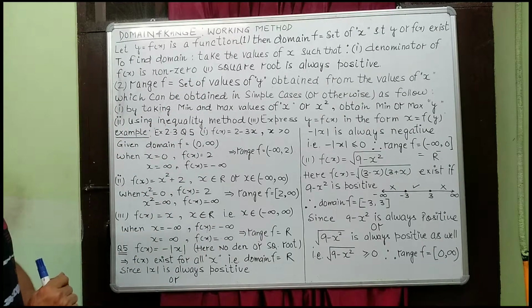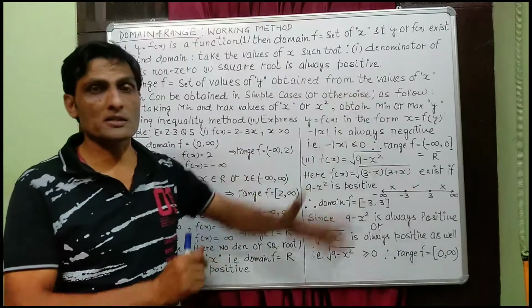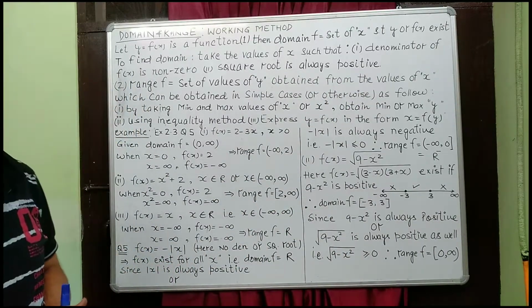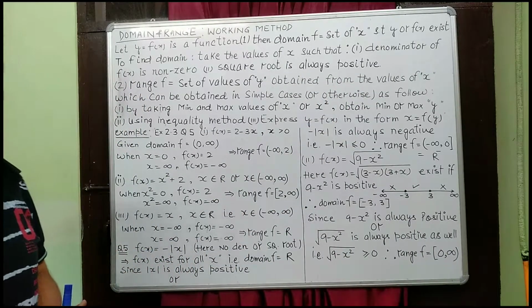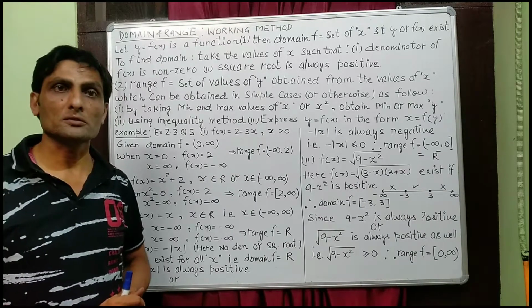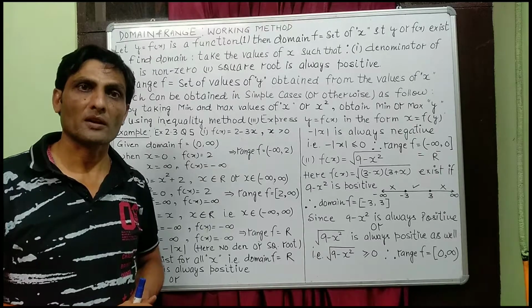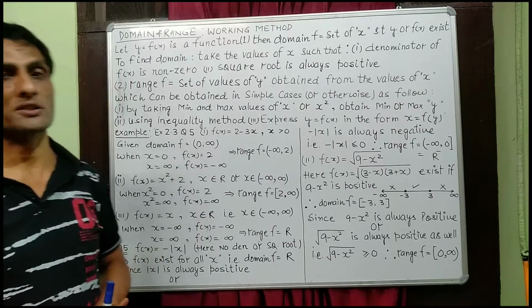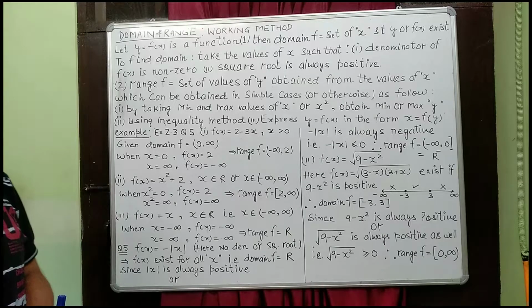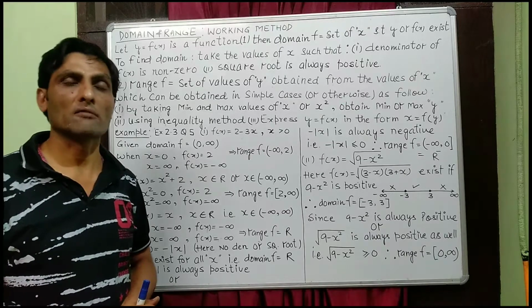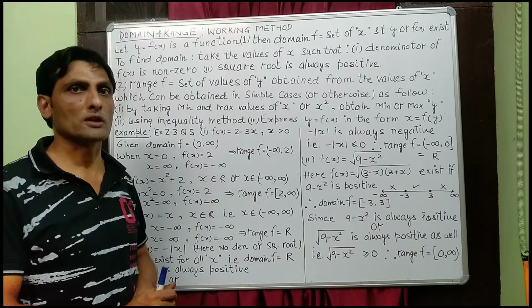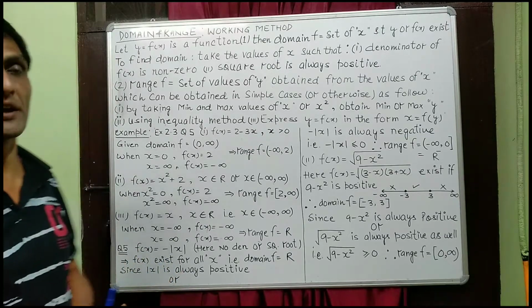Second, the square root must always be positive, that is, non-negative. For a real function, if the square root is negative for some values of x, then these values cannot be taken into the domain.